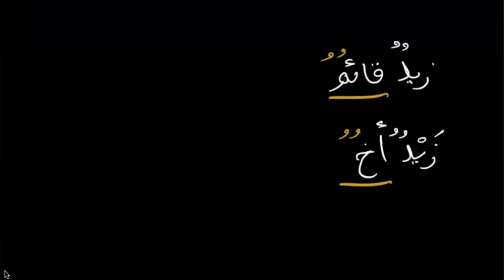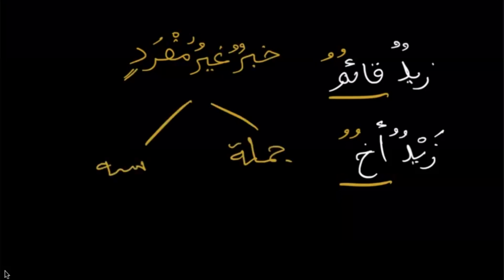What's the alternative to a single noun? The alternative to a single noun is yani, which is غير مفرد, here in terms of the khabar. خبر غير مفرد. What would it be? It's going to be jumla or shibh jumla, which I translated as prepositional phrase.